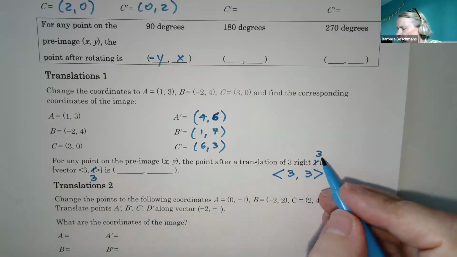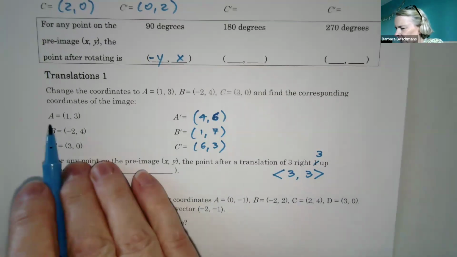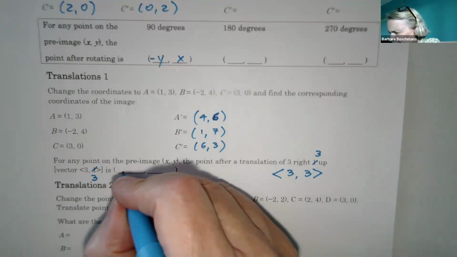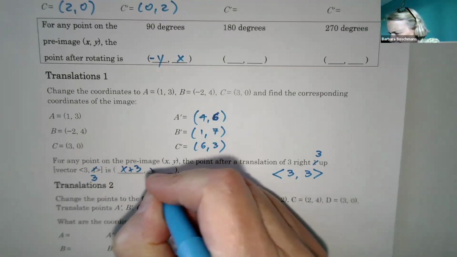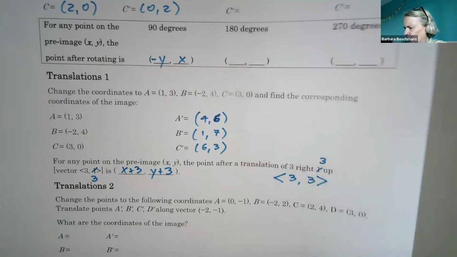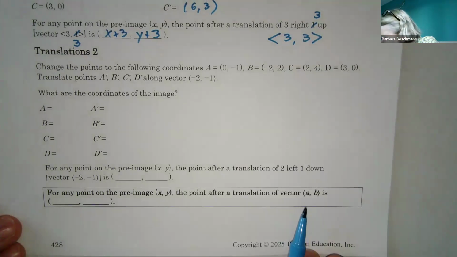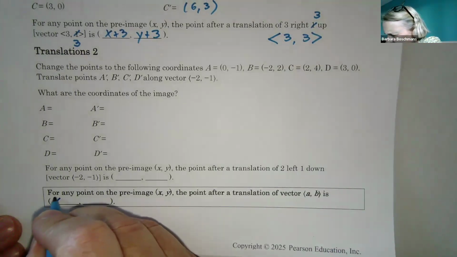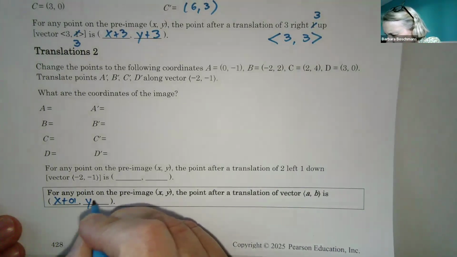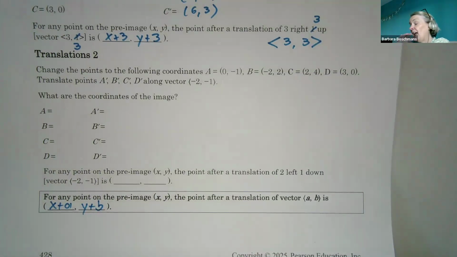So we go right 3 and up 3. And what it looks like is that it just adds 3 to every x value and 3 to every y value. And you can do translations number 2, but if your vector is <a, b>, it would be x plus a and y plus b. So this one is generalizable for everything.